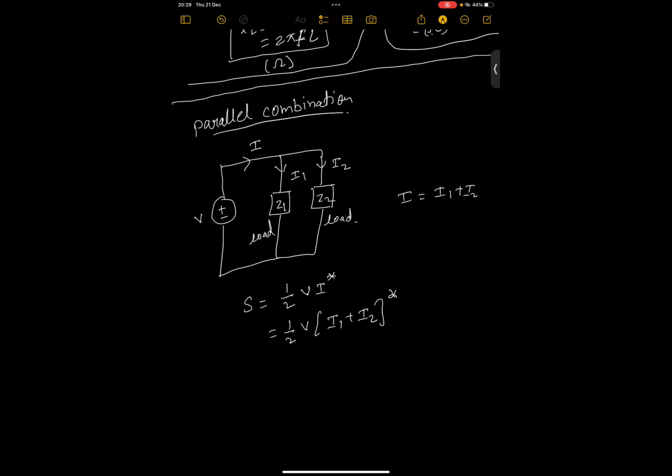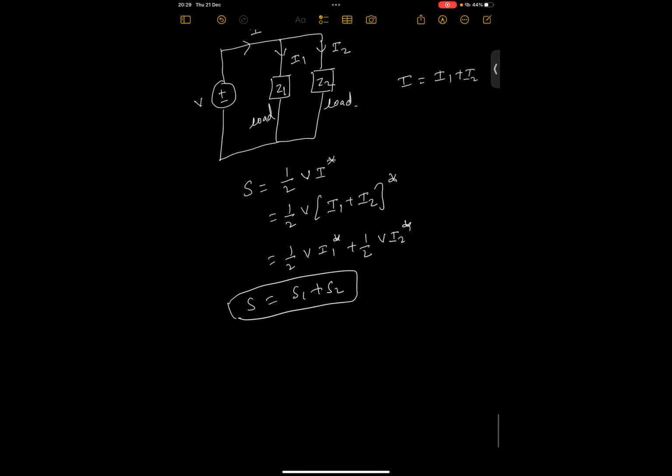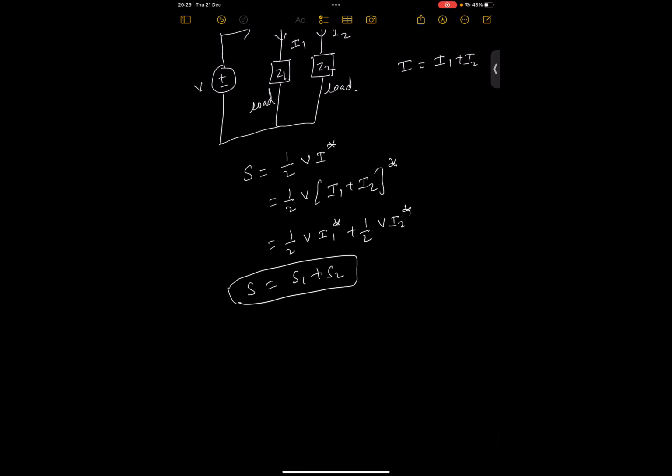So this will become 1 by 2 V I1 conjugate plus 1 by 2 V I2 conjugate. So this will become S1 plus S2. Whatever parallel or series combination is given, you can apply this concept. Now I'm going to explain an example.